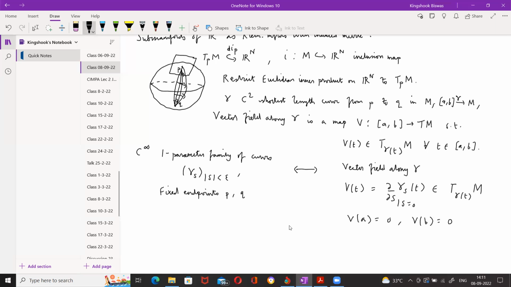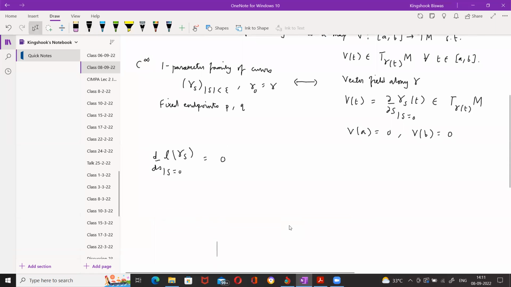All right, so that when you differentiate with respect to the parameter s, you get back the vector field V. Okay, and then what we said was that if I look at the lengths of these curves gamma s, then because gamma is the shortest length curve, for s equal to 0, so here gamma 0 is equal to gamma in this family, this function of s attains its minimum. So that means that d/ds of the length of gamma s at s equal to 0 is equal to 0, right?